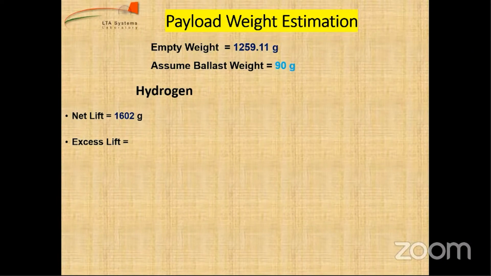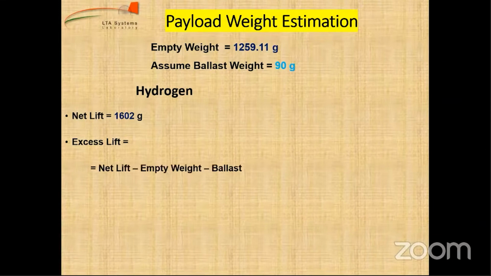Excess lift would be net lift minus... Please, you can go ahead and attempt. No negative marking. So, it's simply net lift minus the empty weight of the airship minus the ballast weight. Can you please calculate what that comes out to be?